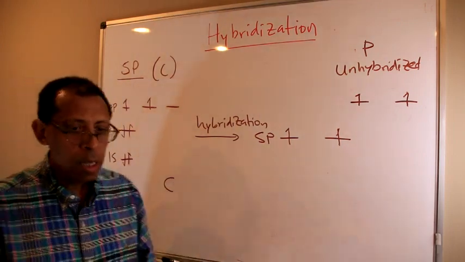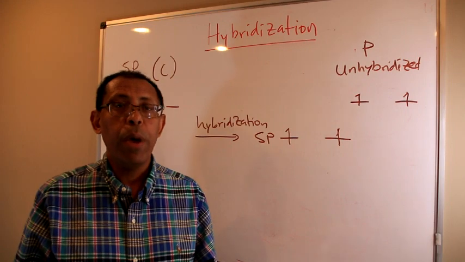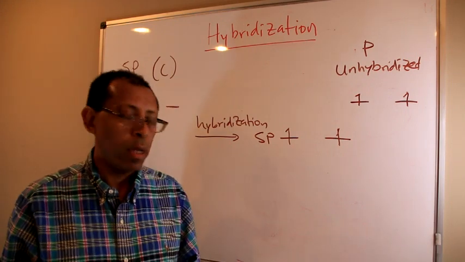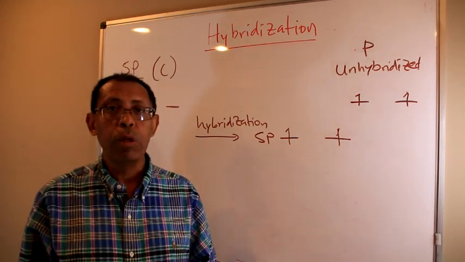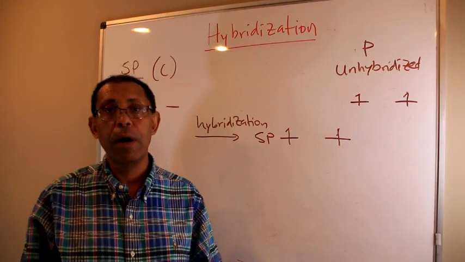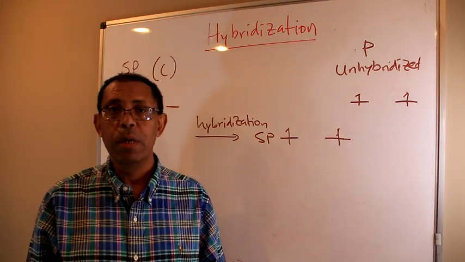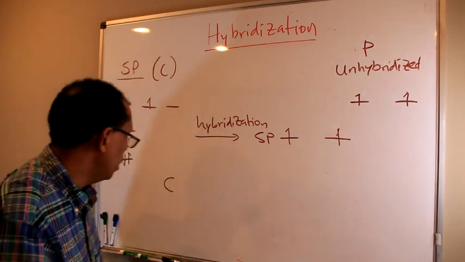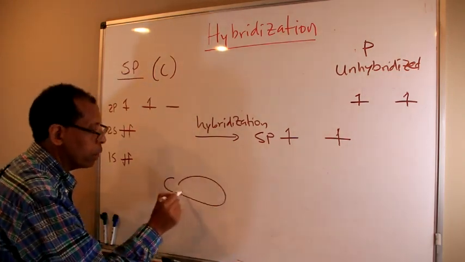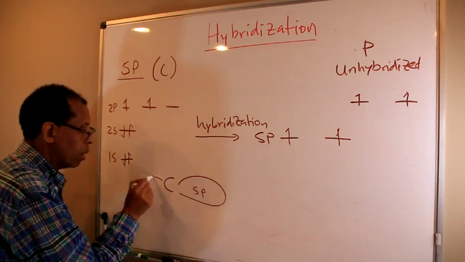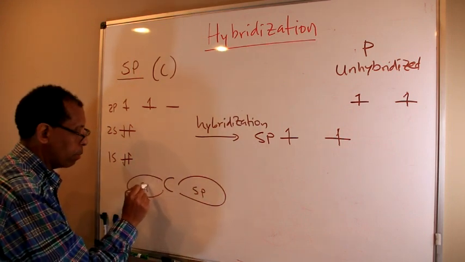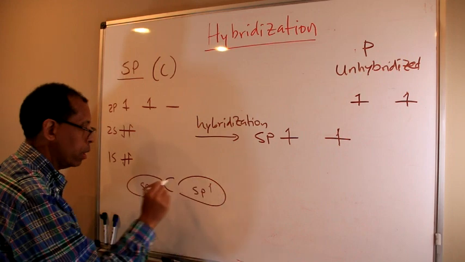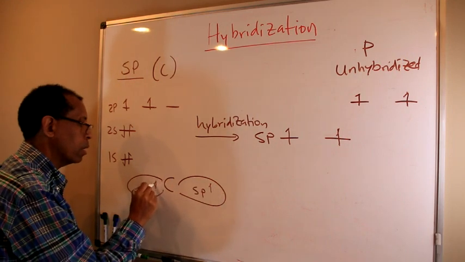As I said, the bonding pairs, where the hybrid orbitals are, want to be configured as far apart as possible. Therefore, if you have two groups, you attach them as far apart as possible, with one electron here, one electron on this.